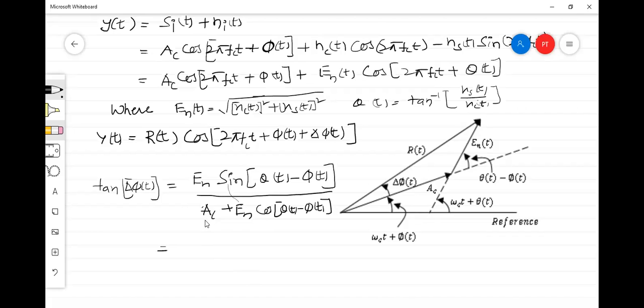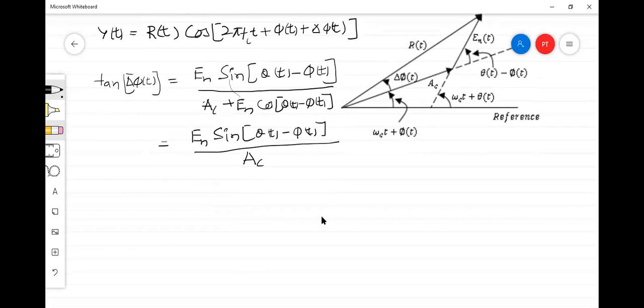Okay, so we can write it as N sine theta of t minus phi of t divided by simply AC. This part can be neglected with respect to AC for small noise case.